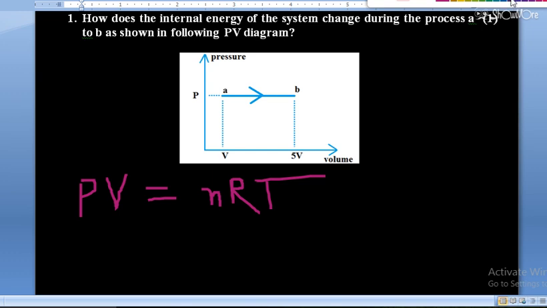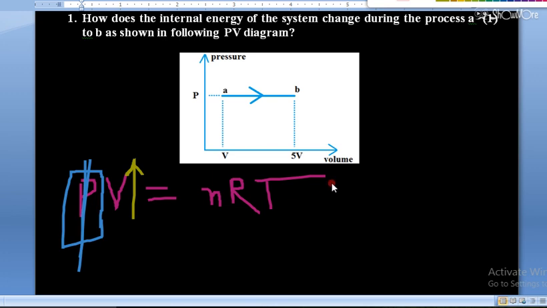Here you can see which things are constant. Pressure is constant, so we can eliminate, or erase, this pressure. But the volume is going to be increased.